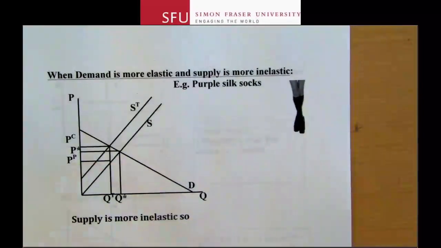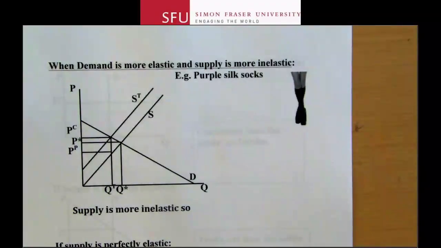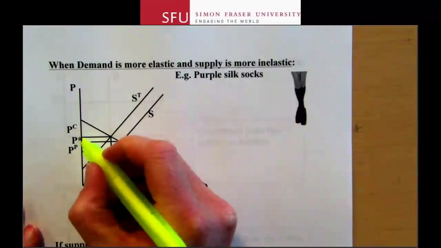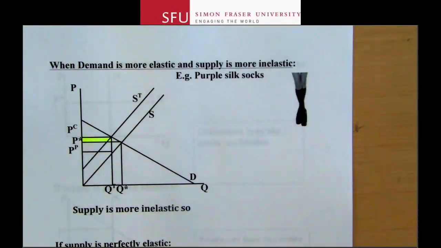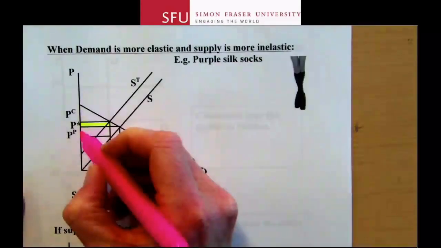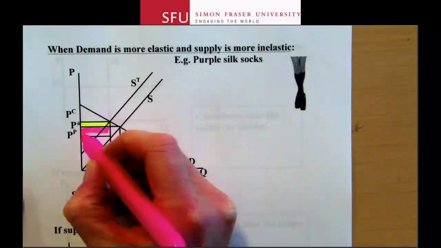So we can see then in this diagram that the consumer incidence is just a small increase in the price, whereas the producers then, they're the ones who will have to accept a lower price.